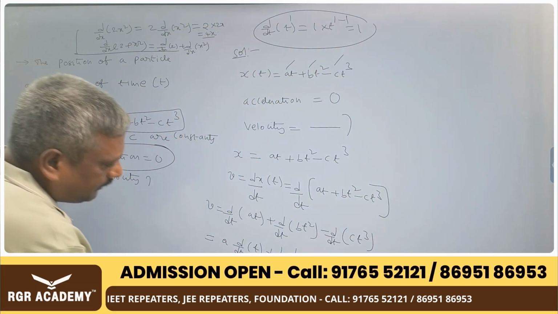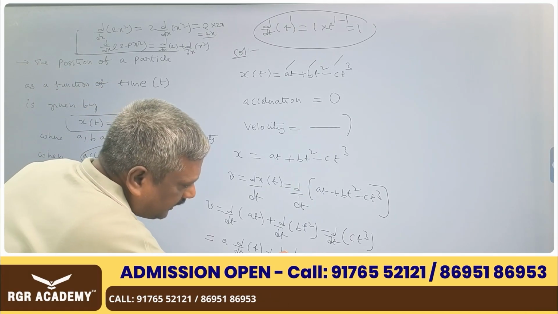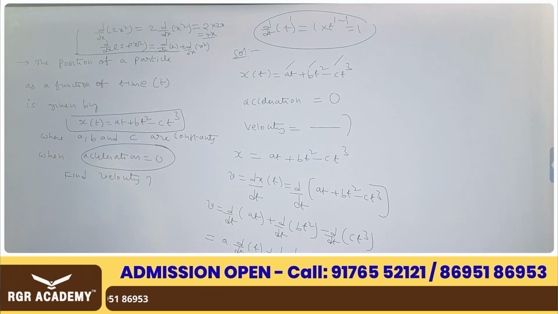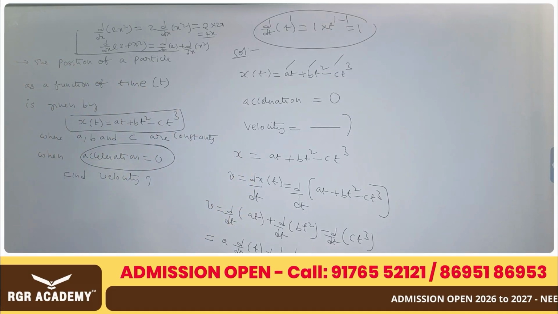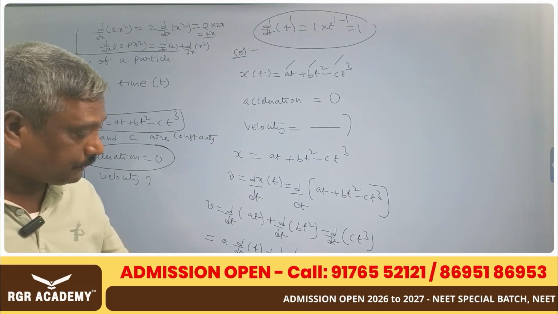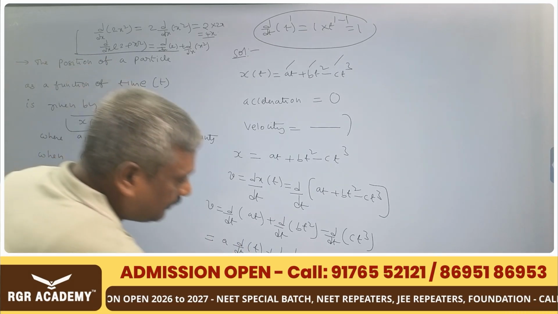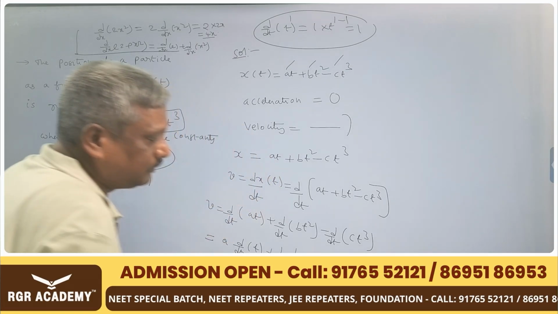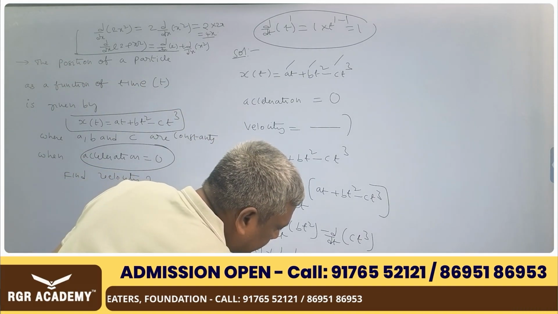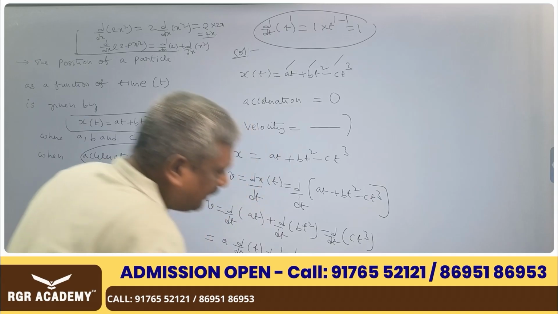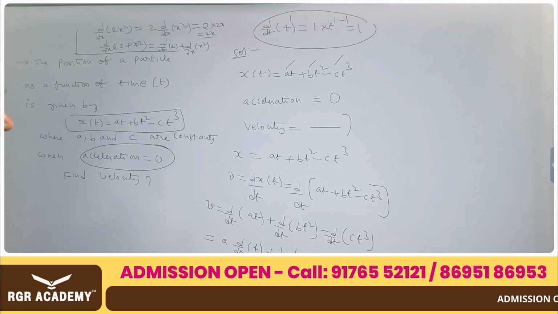So a into d by dt of t is a, plus b into d by dt of t square becomes 2t, because n into x power n minus 1. See the last one. Apply the same formula, no change: c into, here the n value is 3, so 3 into t power 3 minus 1, which becomes 3t square. This is the velocity value.